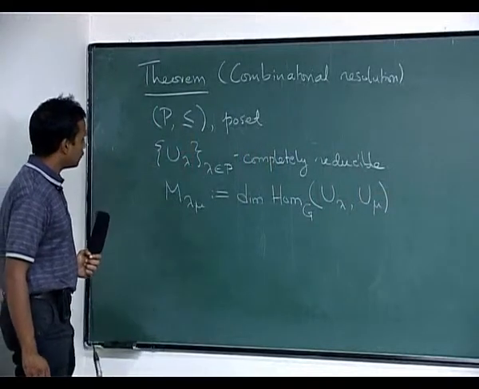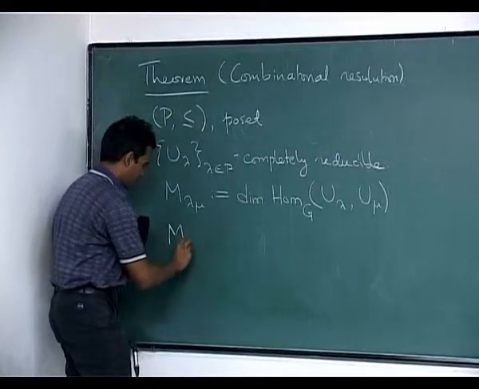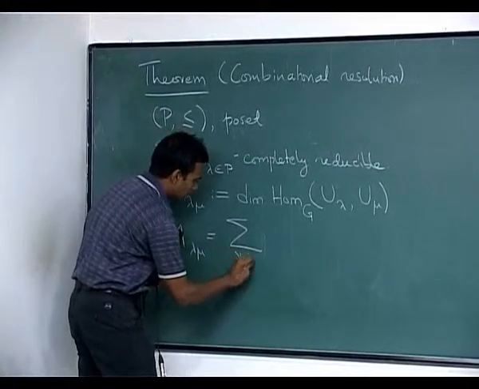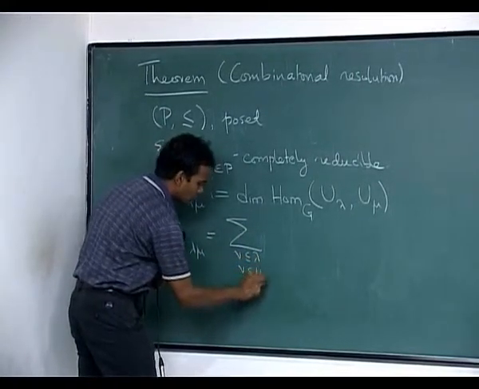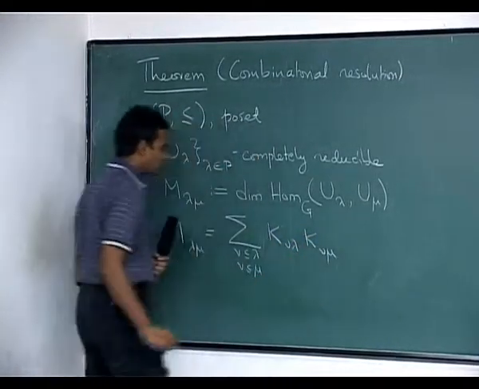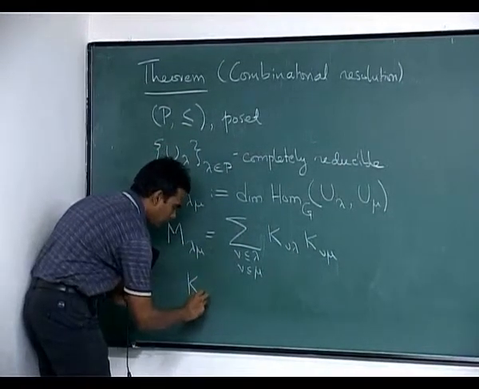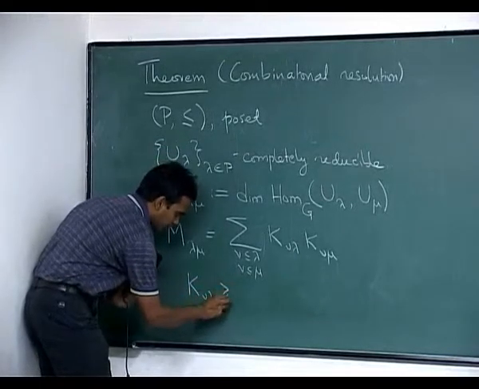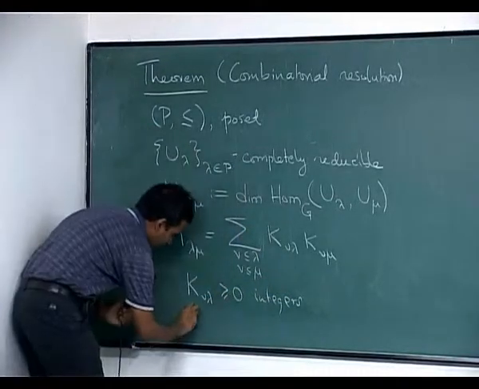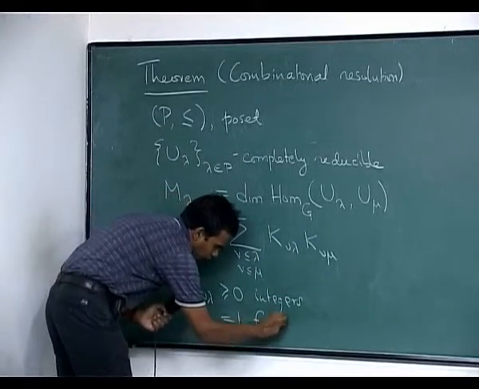And further assume that m lambda mu is the sum over nu less than or equal to lambda, nu less than or equal to mu, of k nu lambda times k nu mu, for some family of non-negative integers k nu lambda, with the additional condition that k lambda lambda is 1 for all lambda.